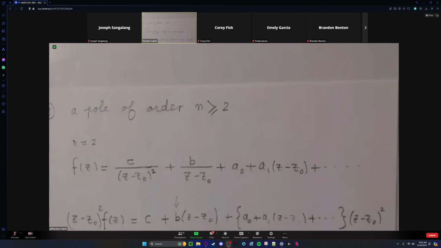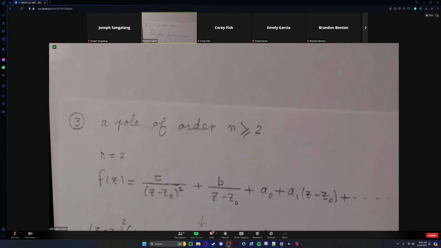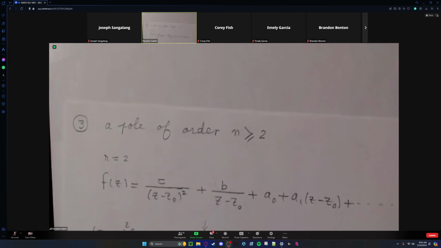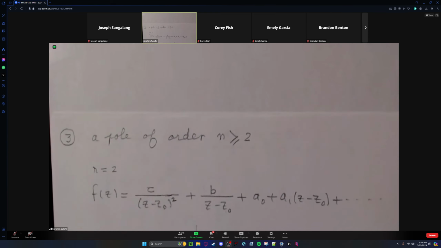Now, what if it is a pole of order n? It is not a simple pole. Last time I told you, for example, a pole of order 2 looks like this. When you write the Laurent series centered at z naught, you get this. The highest degree of the denominator is 2. This is a pole of order 2.